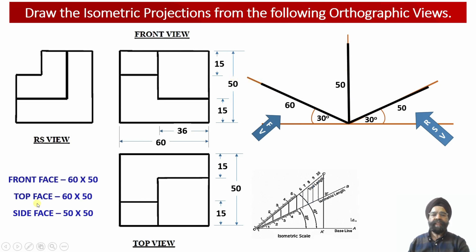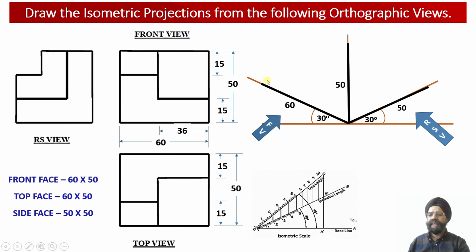Then we have got the top view face. If we check the top view face, the length will be observed as 60 millimeter, whereas the width of the solid will be observed as 50 millimeter. So in the top view projection, 60 millimeter will be the length of the solid while 50 millimeter will be the width of the solid.